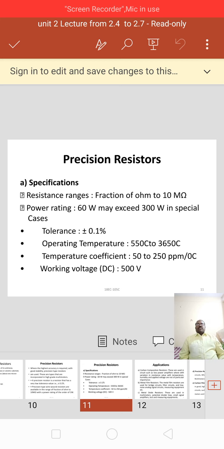Operating temperature is 55 degrees Celsius to 365 degrees Celsius. Temperature coefficient range is 50 to 250 ppm, meaning parts per million, per degree Celsius. Working voltage DC is 500 volts. These are the specifications of precision resistors.